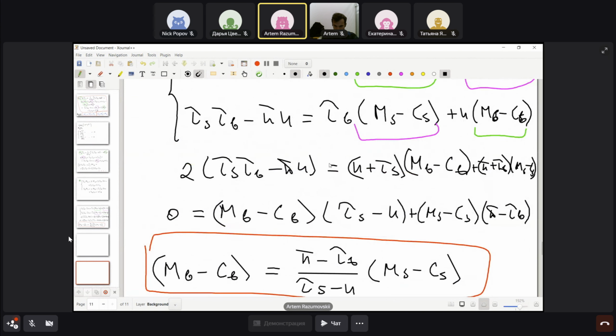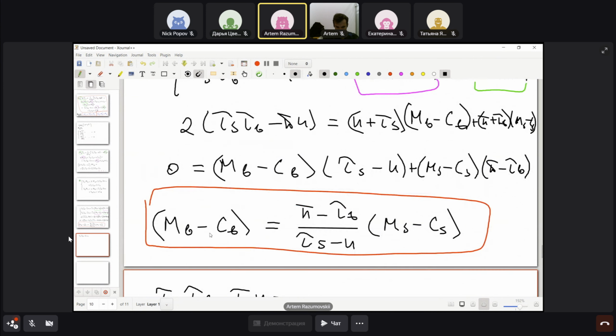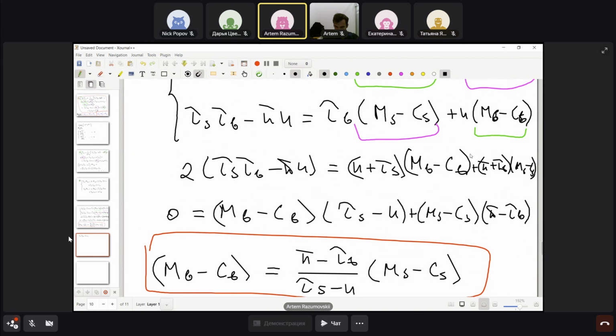Right, so what we have: price for buyers minus cost for buyers.